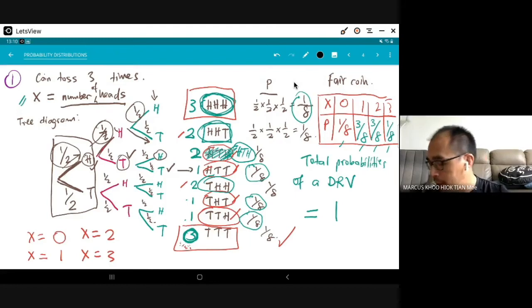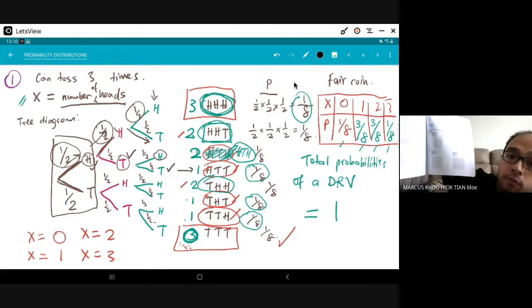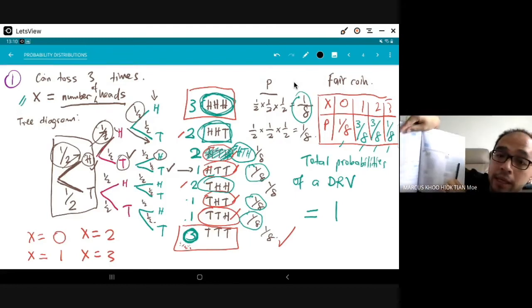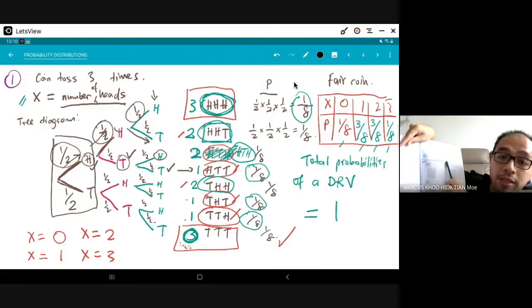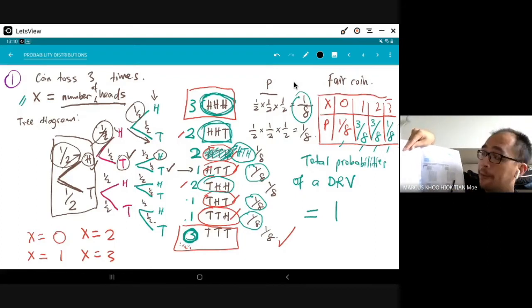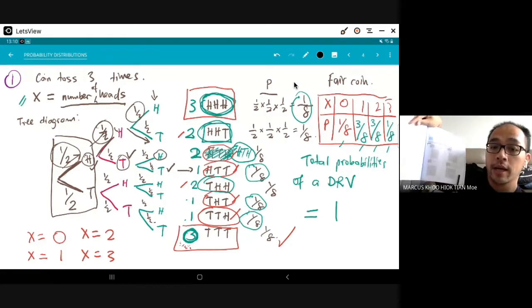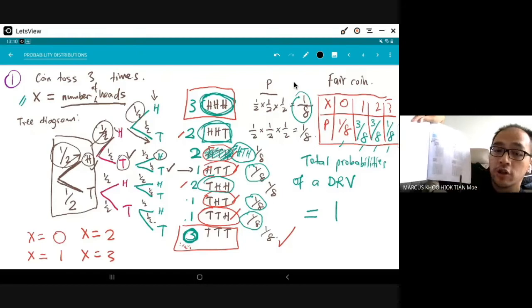In your workbook, C and D are actually connected. Question C1 says plot the graph for each of the probability distributions in part C. So here you redraw what you see on the screen now. Number 2 you draw here, number 3 you draw down here.